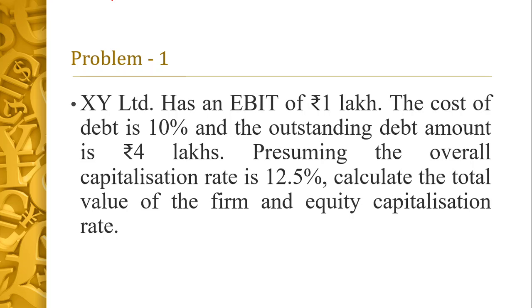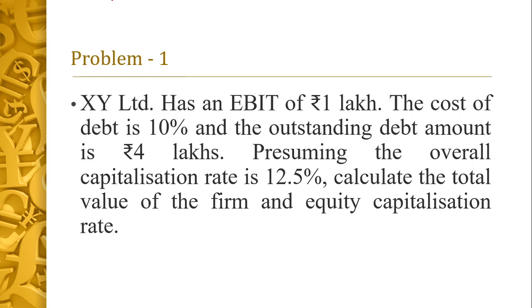And what have they given? KO or overall cost of capital. Here they have mentioned overall capitalization rate. Okay, and it stands at 12.5% or 0.125. Okay, and what did they ask?